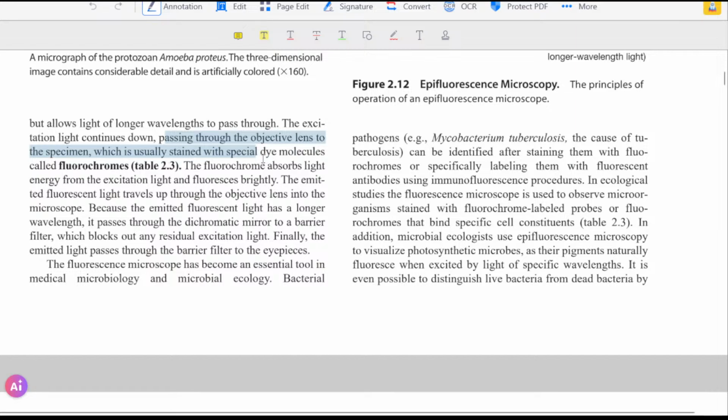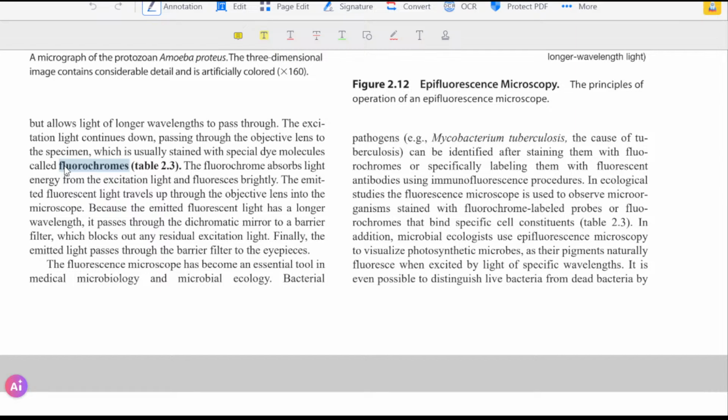which is usually stained with a special dye molecule called fluorochromes. The fluorochrome absorbs light energy from the, alright. So fluorochromes, the stains are done so it makes it easier for the sample to absorb light, right? Usually it absorbs a normal amount of light, and because of that we weren't able to see them before, right?